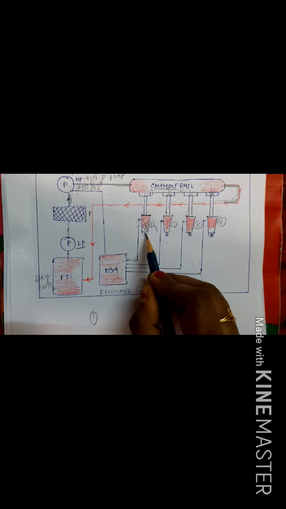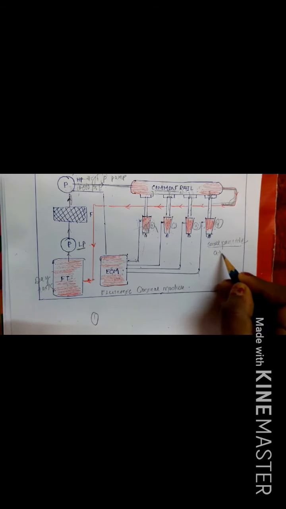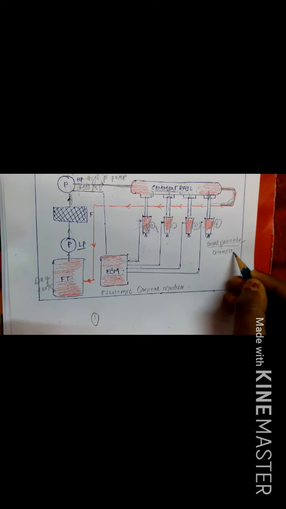And break the fuel into the smallest particles. That means your injector always injects the fuel as small particles, always sprays the fuel in the form of small particles or small filaments. It is also known as atomization, that means the fuel is broken into a number of teeny particles.